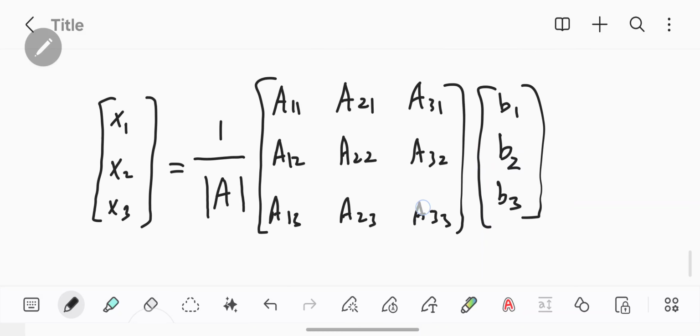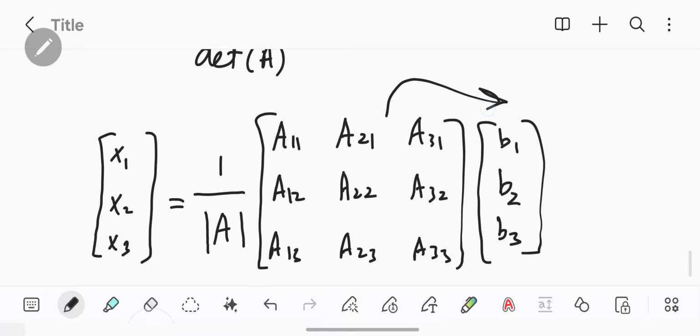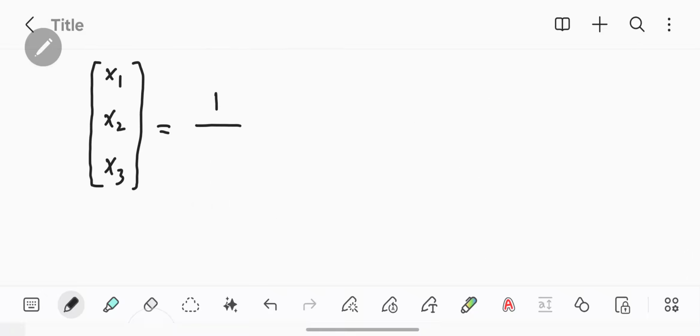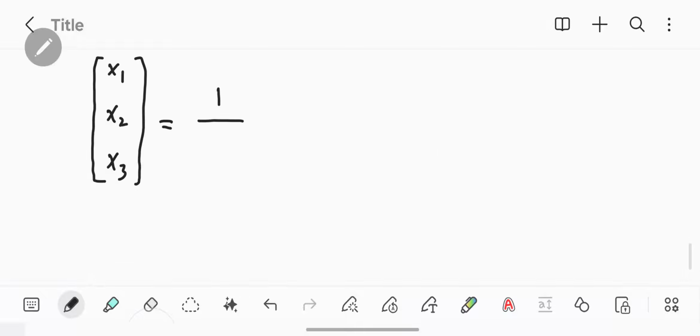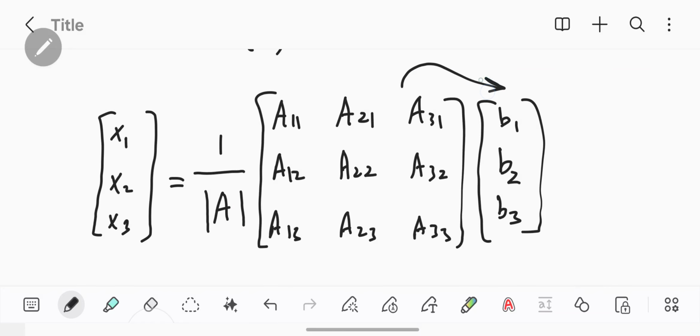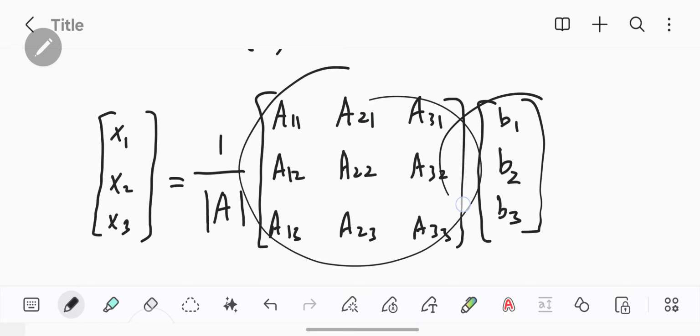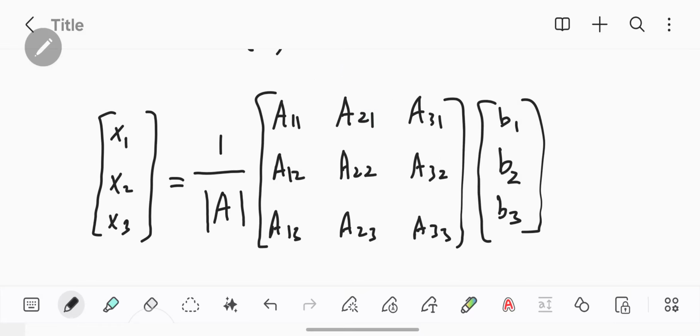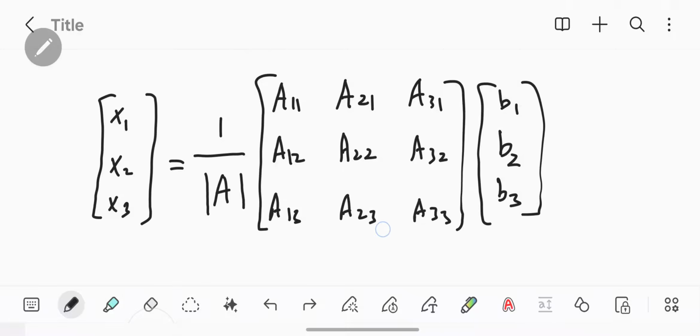In order to solve this system, I will multiply these two matrices. So the first two terms will remain the same. Then I will multiply this matrix with this matrix, okay? So first of all, I will multiply the first row with the first column: A11, B1.